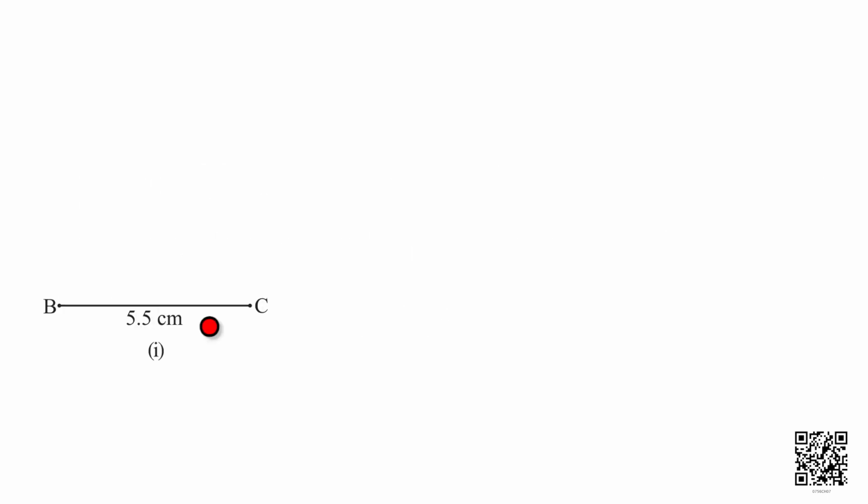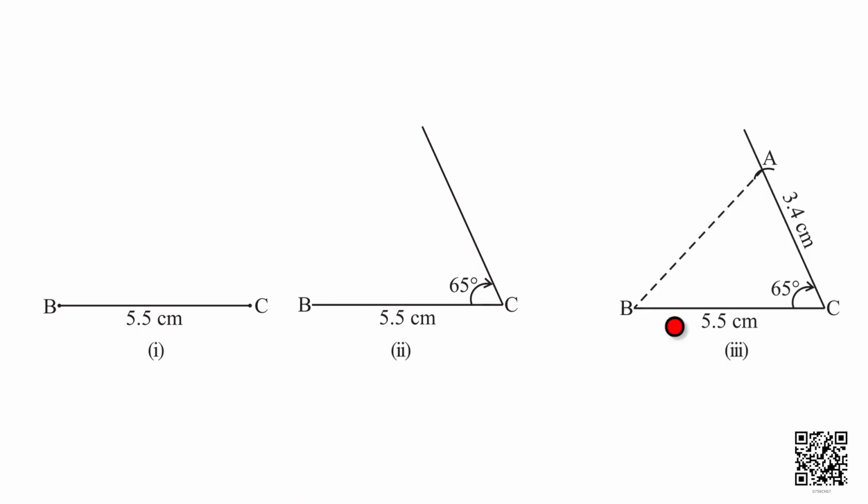So then Tipu said yes, he got it, and then he drew a line BC of length 5.5 cm and then made a line with an angle of 65 degrees from C, and then he drew an arc of 3.4 cm with C as center, which is cutting the 65 degree line at A, and then he joined A to B, and thus he got the triangle ABC.